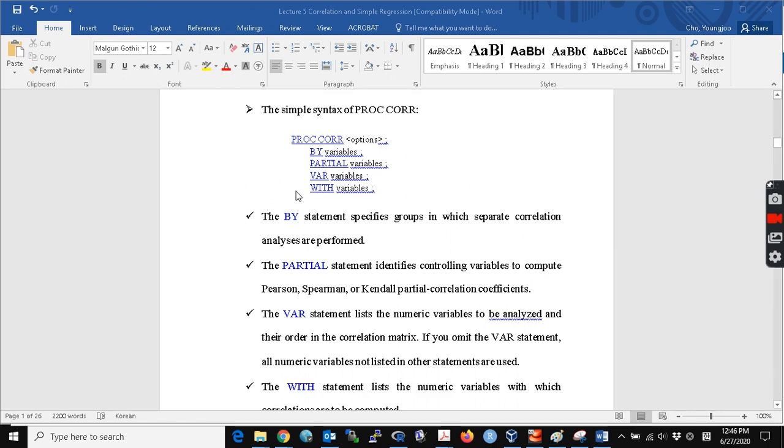And then the PARTIAL statement identifies the controlling variables to compute the Pearson, Spearman, and Kendall partial correlation coefficients. When you specify the third variable, you compute the partial correlation of the first and second variable that you specified, controlling for the effect of the third variable.